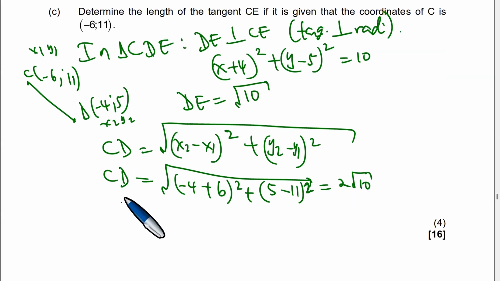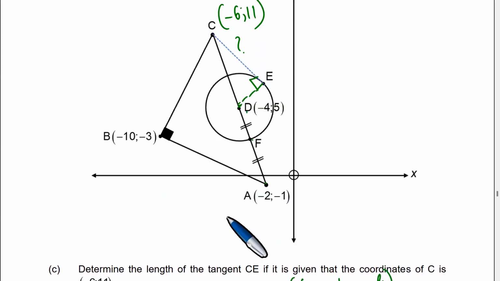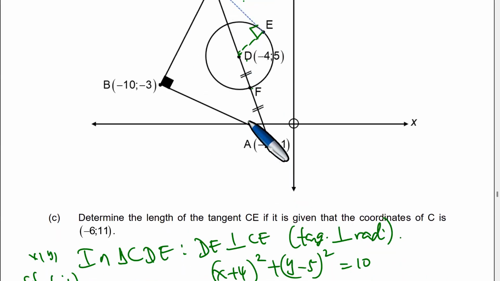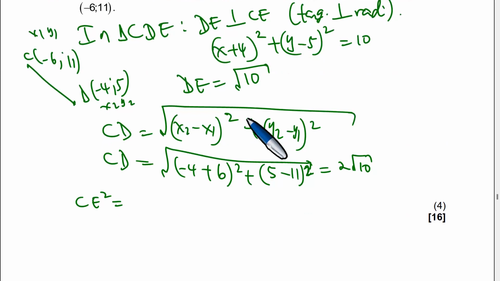So CE squared is equal to, by Pythagoras theorem, just have this one. CED, if you draw here.